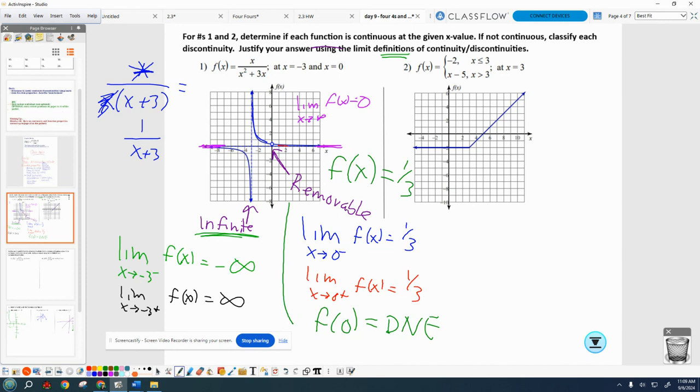You needed to say very specifically the function at that spot, not f of x, but f of 0, either was 1/3 or was not 1/3. So continuous and removable are the difficult ones. You needed to say the left, the right, and right at that value. Yes? Okay.